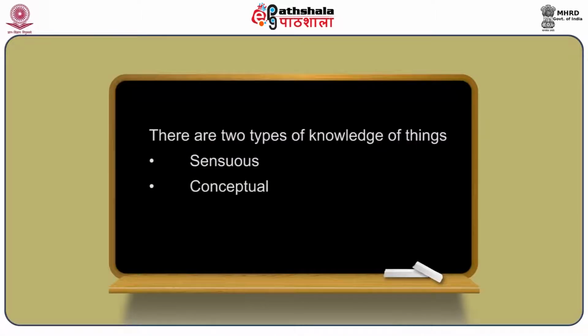Basically, there are two types of knowledge of things. One is sensuous, the other is conceptual. Sensuous knowledge shows an object in its concrete and specific aspect, whereas conceptual knowledge shows the same thing with no note of particularity.